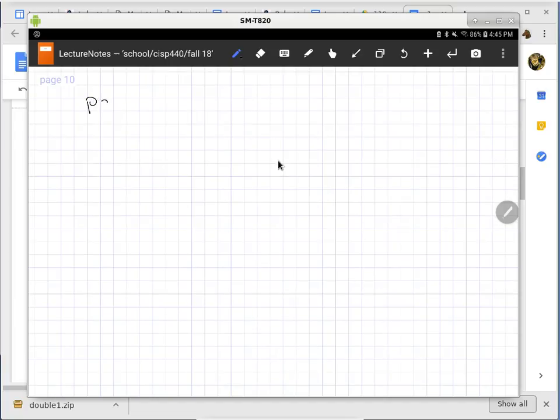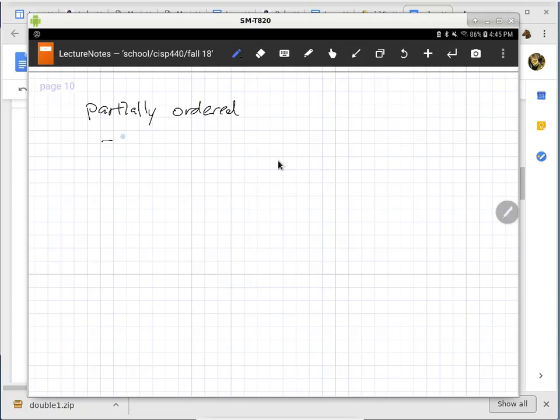So we are asking about partially ordered. The first thing you need to know is what is partially ordered. We know it includes being reflexive, it has to be anti-symmetric, and we also know it has to be transitive.